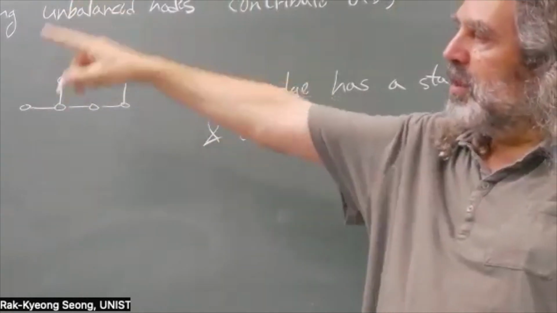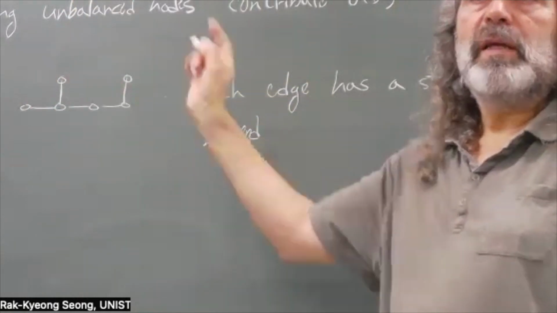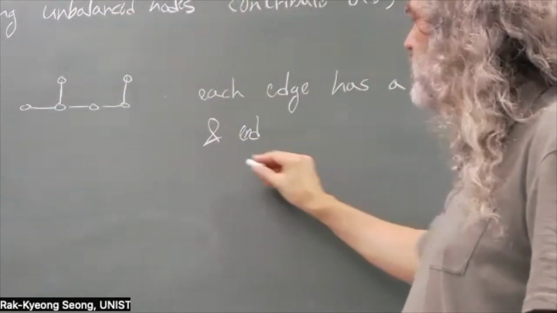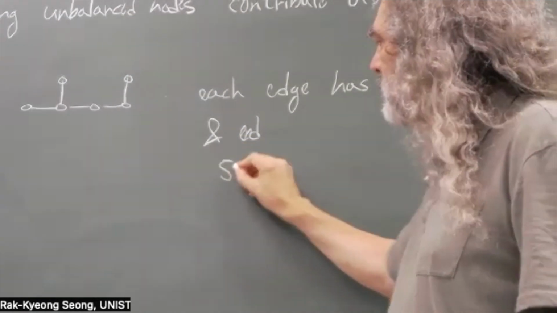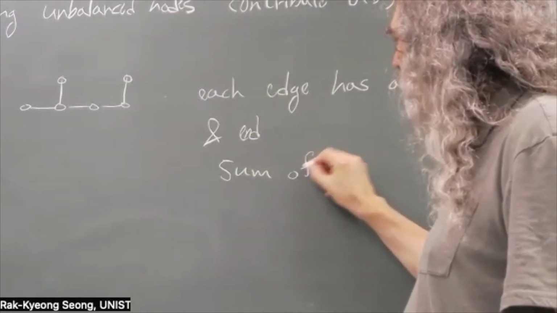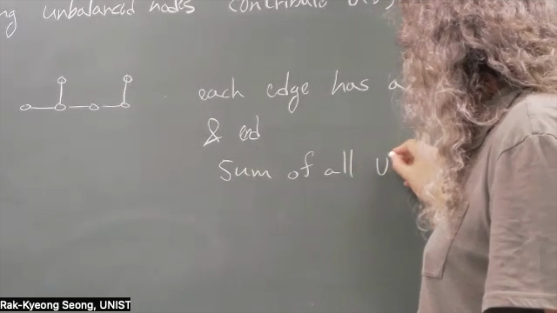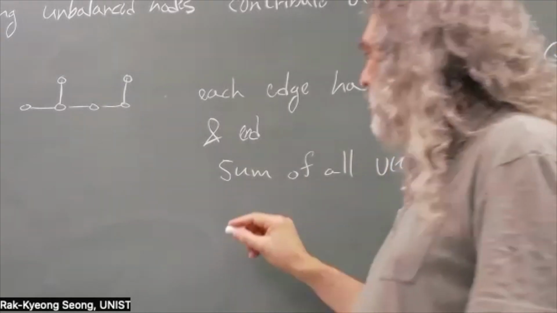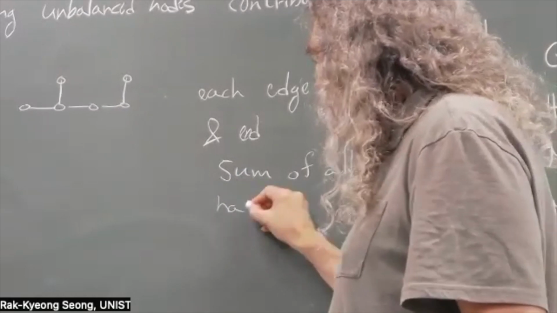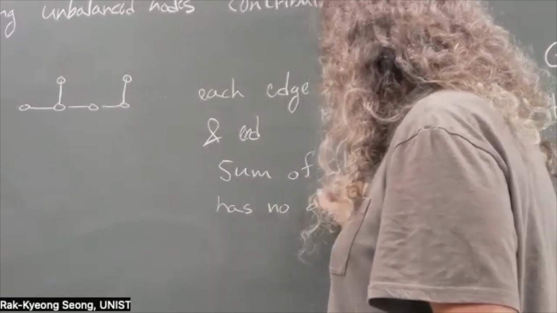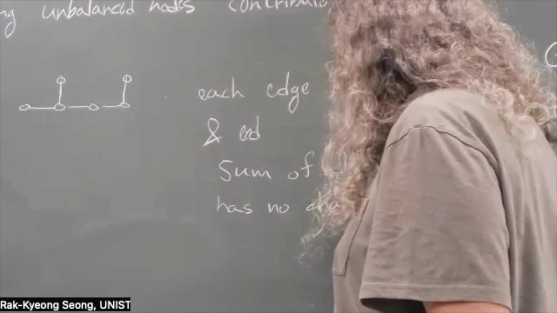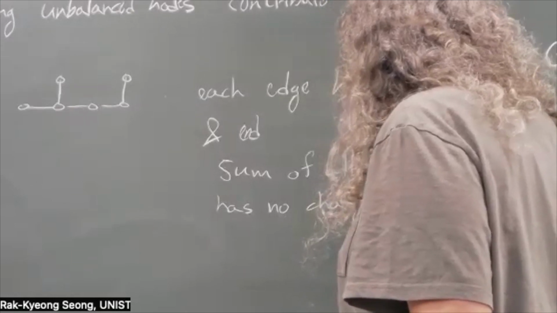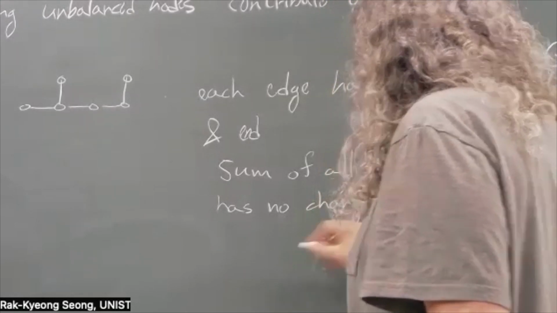All of the edges in the quivers that we write have a start and an end. As a result, the sum of all U1s has no charged matter under it.